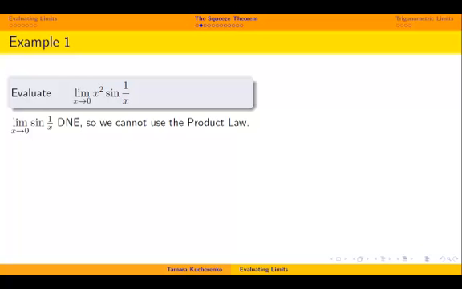We know that the sine of any number lies between -1 and 1. Therefore, for all non-zero x, we can write sine 1 over x is greater than or equal to -1 and smaller than or equal to 1.